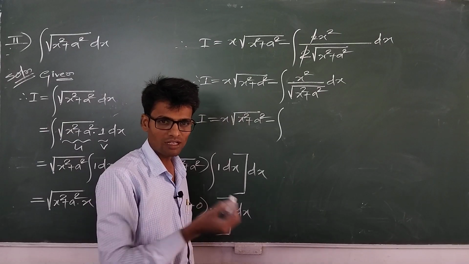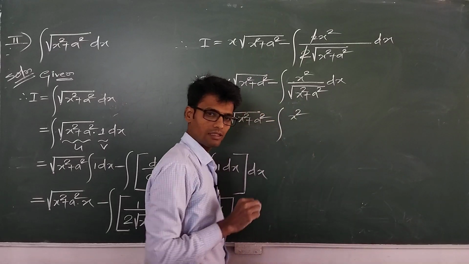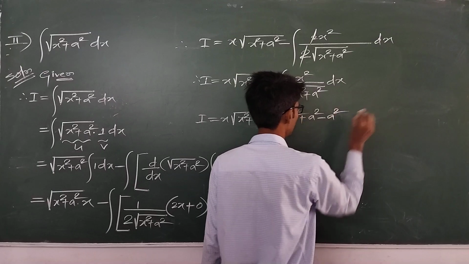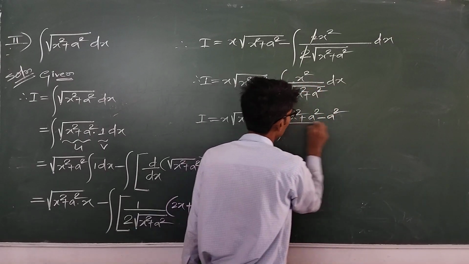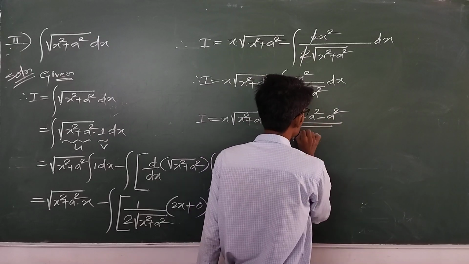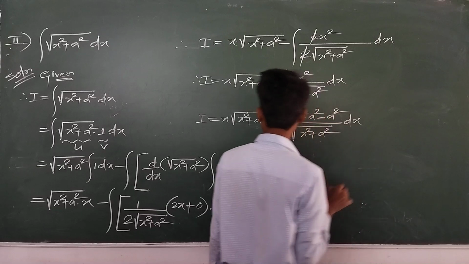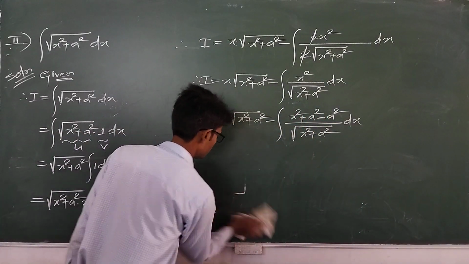So I'll write x square plus a square, along with plus a square I'll write minus a square. If you cancel these two, again you get this equation divided by square root of x square plus a square into dx.